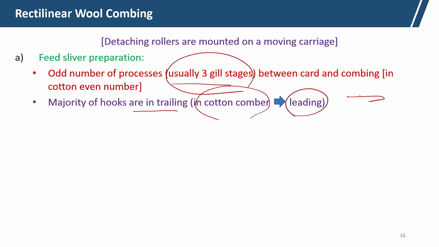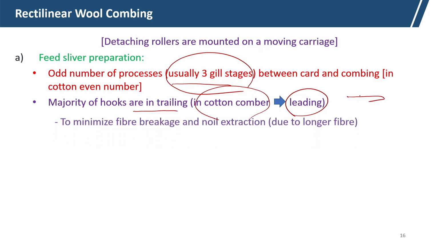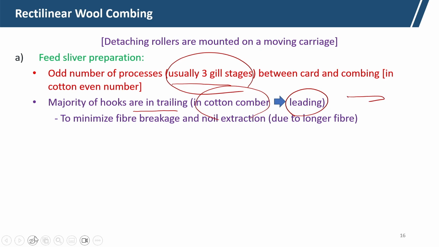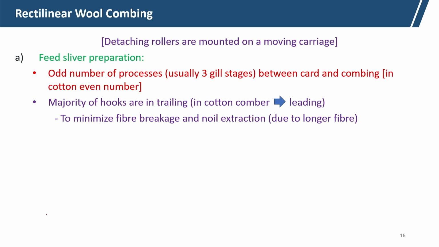So, the leading hook will get removed, but in the case of long fiber, in long staple spinning, to minimize fiber breakage and noil extraction, we use an odd number of processes, where we use the fibers in the trailing hook direction.